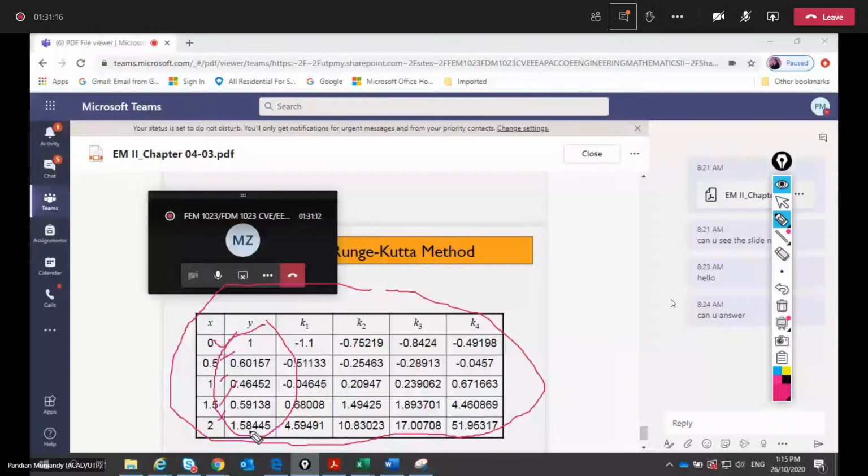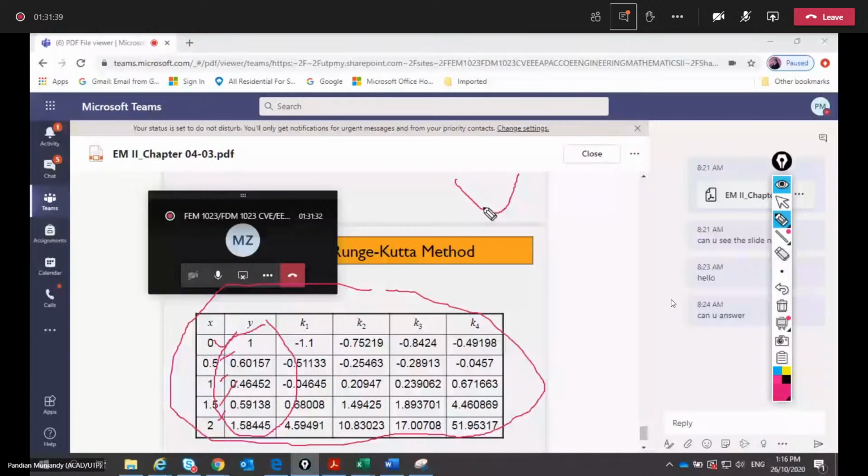So it looks like a parabola shape. Why do I say parabola? Because it goes from 1 to 0.6, 0.46, and then goes up to 0.59, and then 1.58.